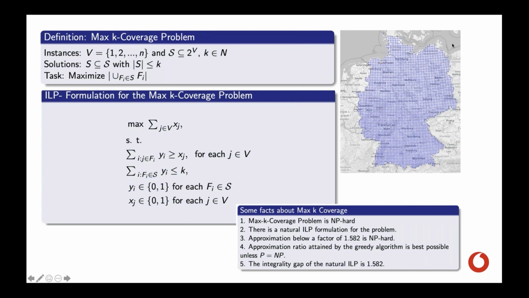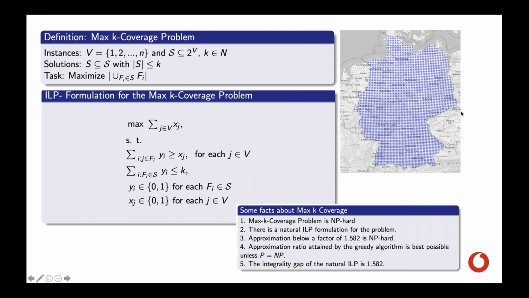So here is how to cast that as an integer linear program, and I'm just going to sketch that. We have actually described this as a classical problem, the so-called max K coverage problem, where from a given set, you can choose certain subsets, and you want to choose as few subsets as possible, but want them to cover as much of the total set as possible. Because Germany, unfortunately, is continuous, or rather its area, we had to discretize it, as you can see in the upper right.